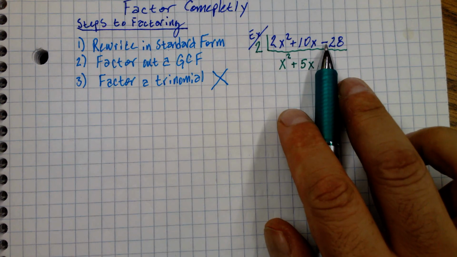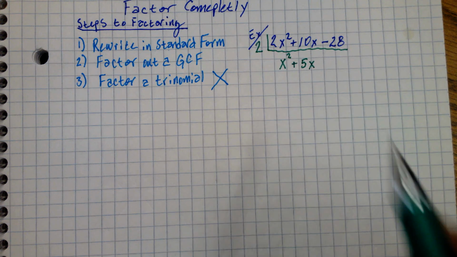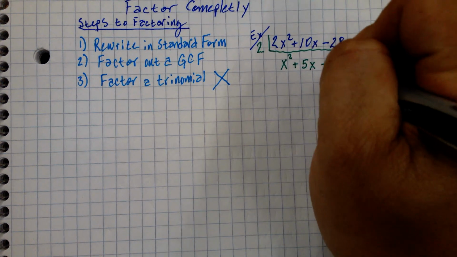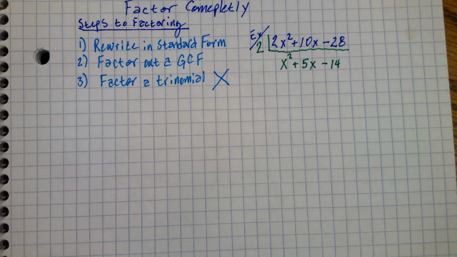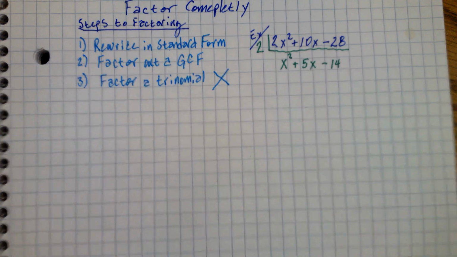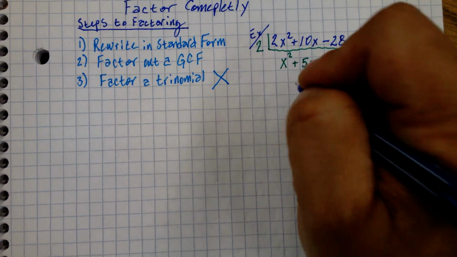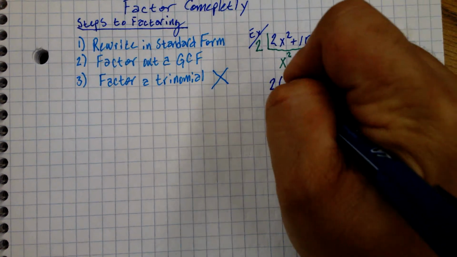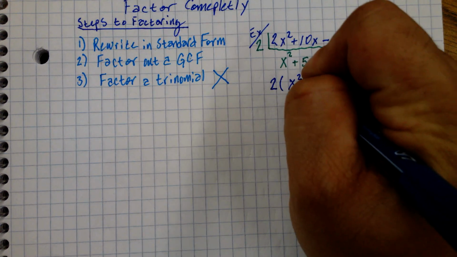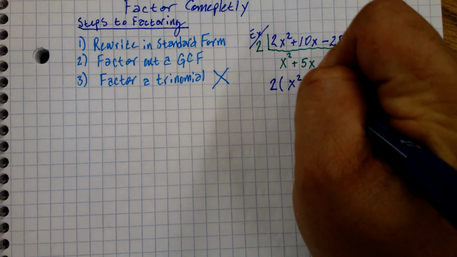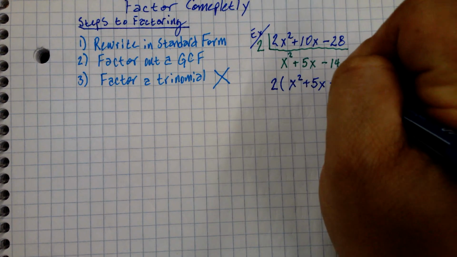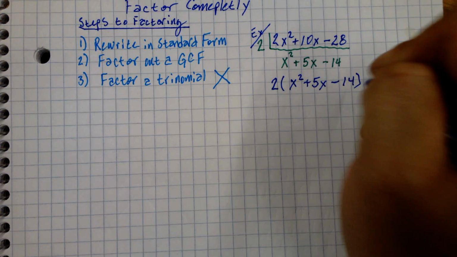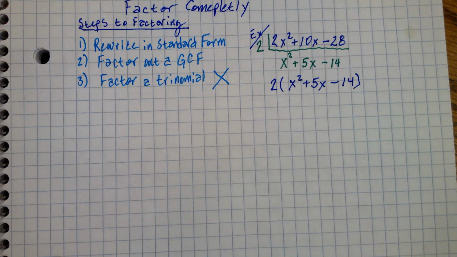We got negative 28, divide out 2, you get negative 14. So let's write down what we have now. We factored out a 2, and then in parentheses, we've got x squared plus 5x minus 14. Okay? So there, we factored out a GCF.